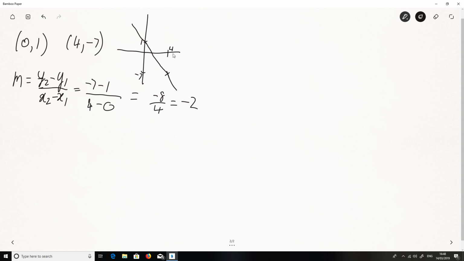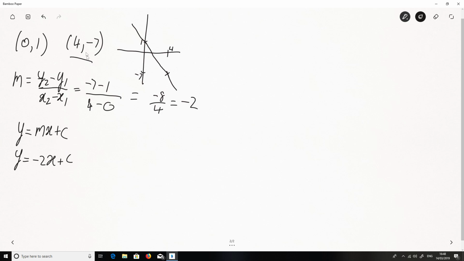So again, we've got a point where x is 0, so we actually know what the y-intercept is, but what we're going to do is sub a value in just to continue to show you how to solve for it. So y equals mx plus c is the equation of this line. So y equals -2x plus c because we've solved for m.